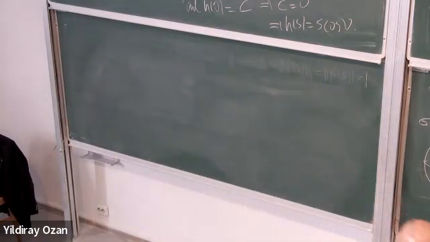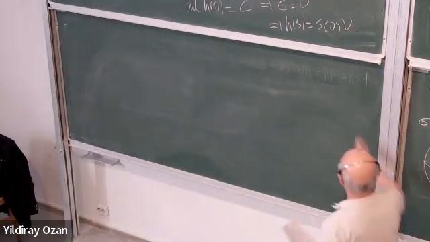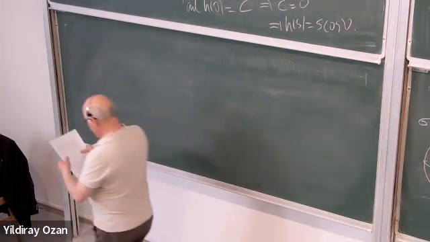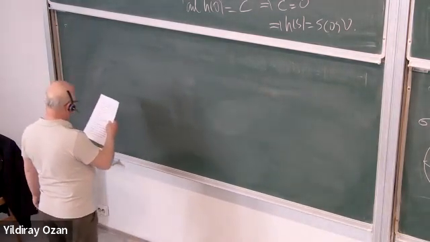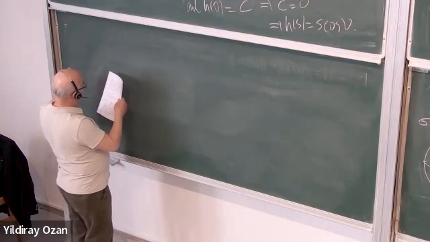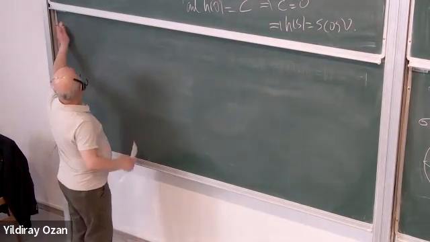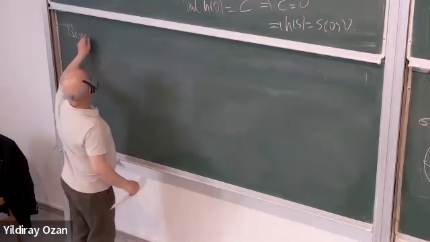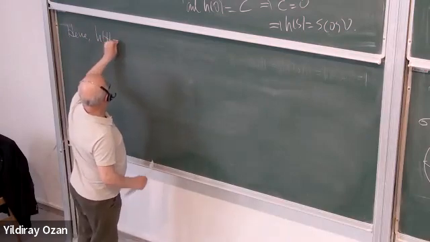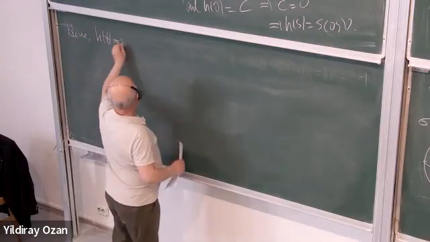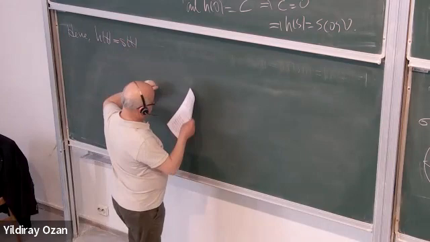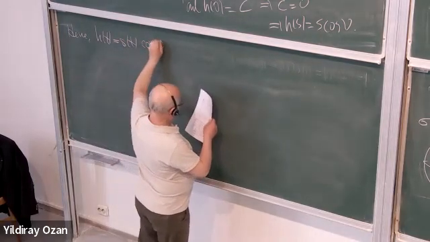Well, h was beta s. Okay, hence h of t is just s of t times cosine v.